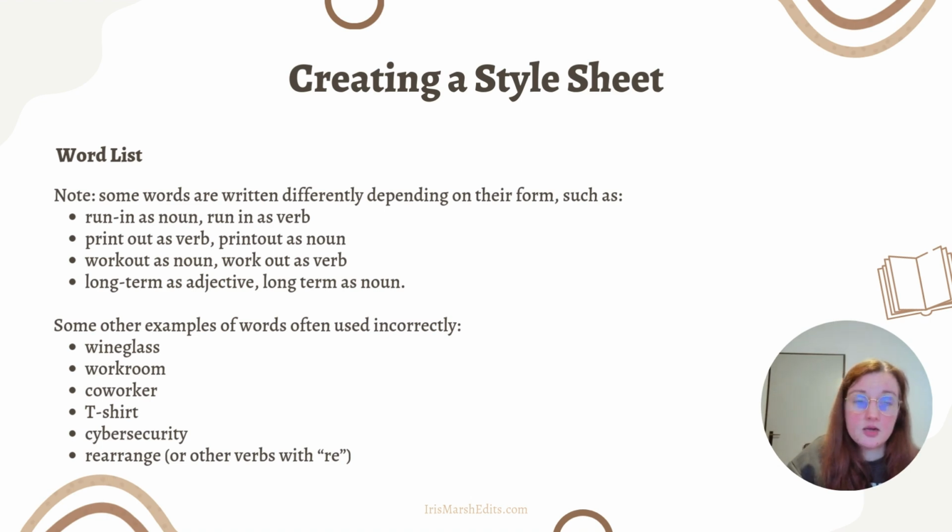And then finally, there will be words that you think are correct, but you'll discover are actually written differently. This happens a lot because language tends to change, especially concerning decisions whether a noun is open, hyphenated, or closed, and it will depend on the dictionary you choose. So for example, wineglass as one word, workroom as one word, coworker, no hyphen.